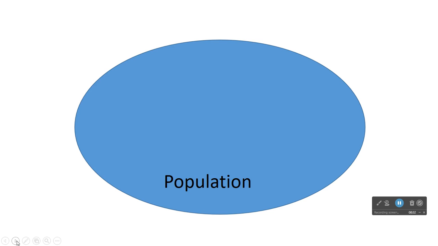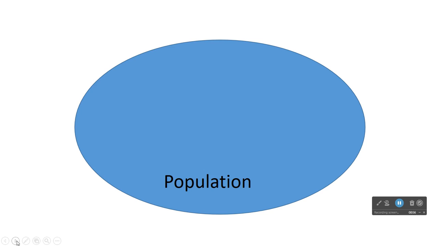Typically, when we come to using statistics, we have something that we want to study, and the population consists of the items or the individuals that we want to study as a whole. It's a set, but it could be a set of people, it could be a set of objects.